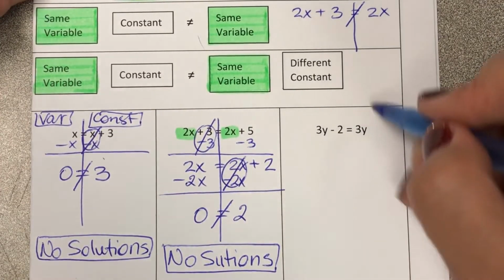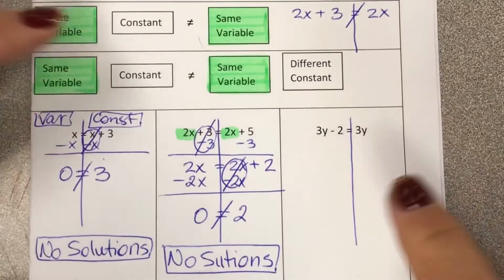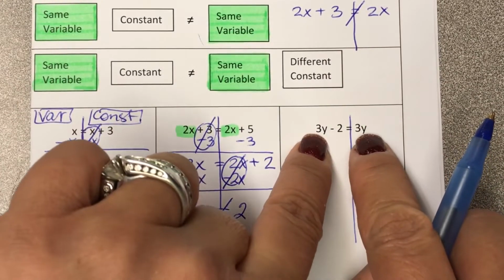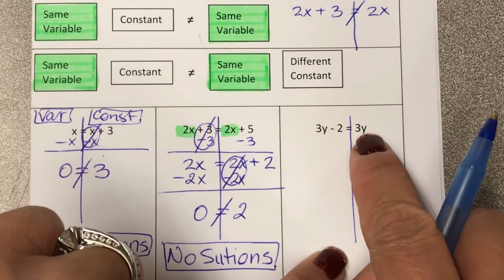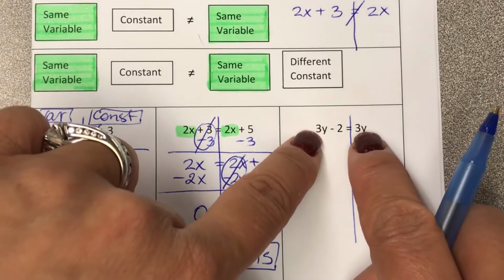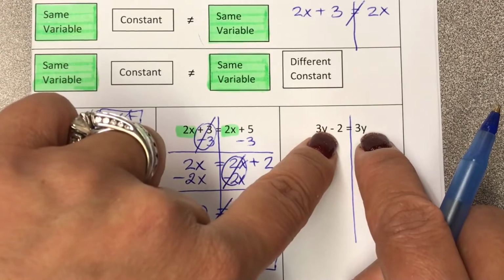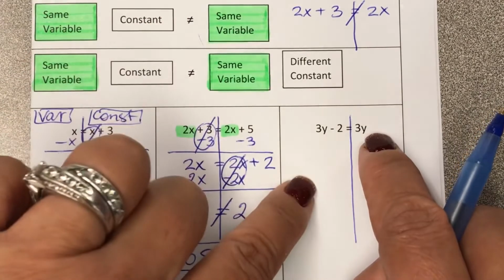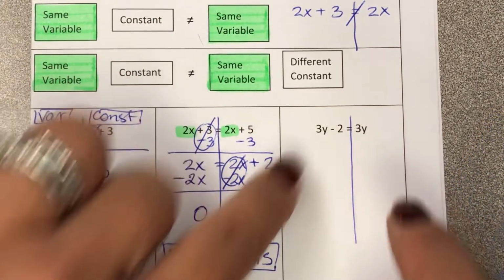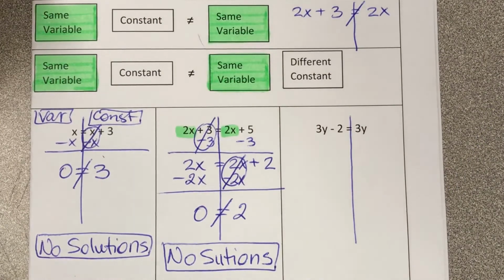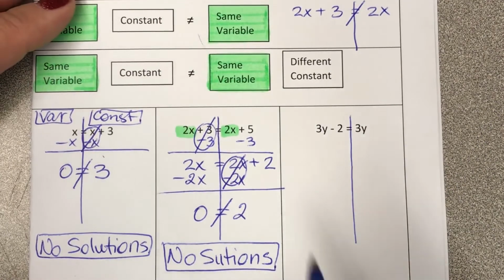And for the last one, I have the same variable term, but on one side I'm subtracting 2. So from 3y on each side, subtracting 2 only from one side will tip the scale. Let's see how that works if I try to solve it.